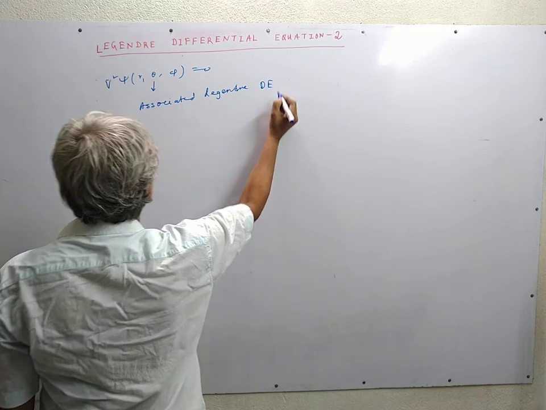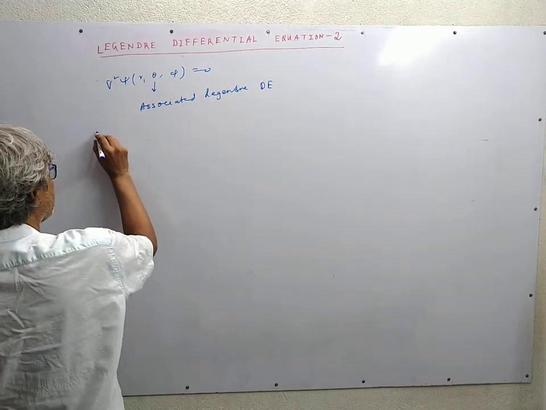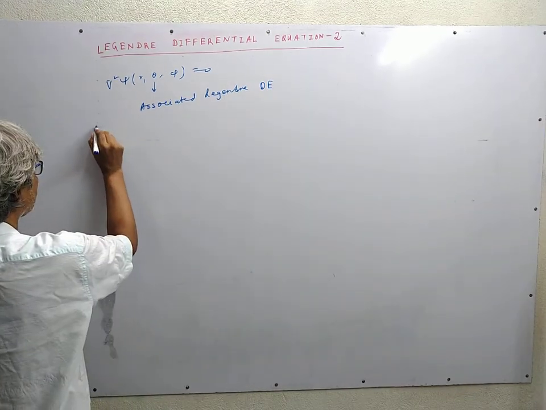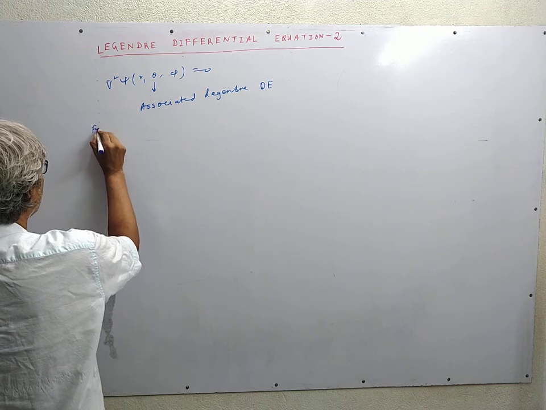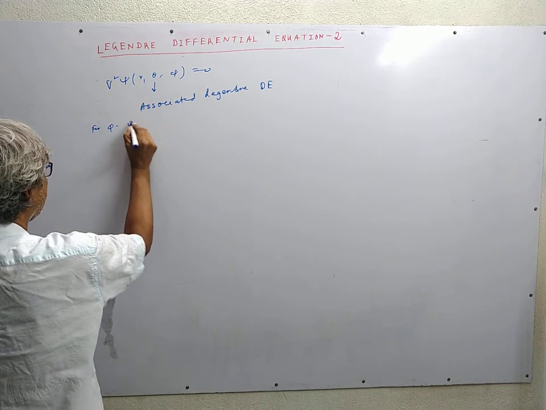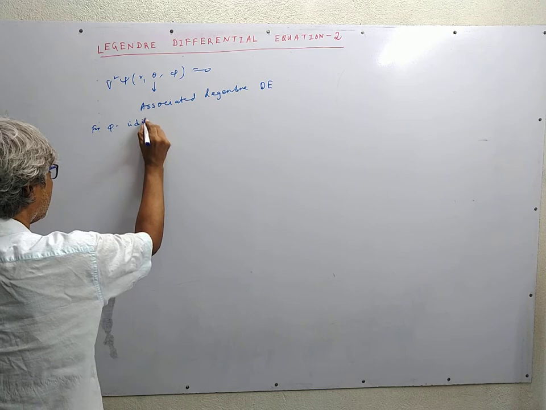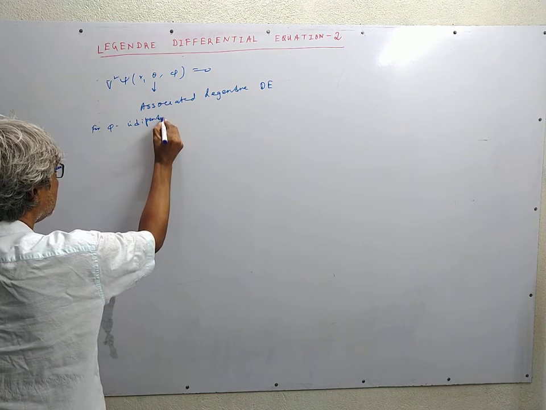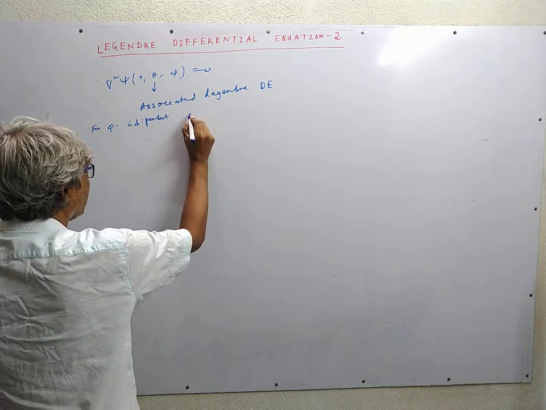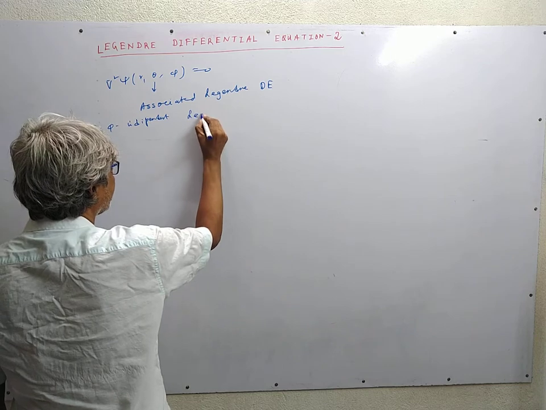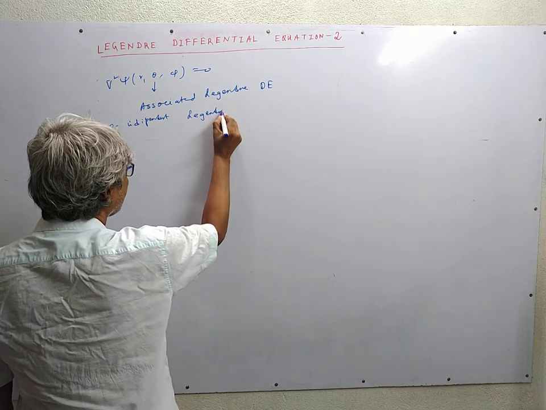For the spherically symmetric, azimuthally symmetric situation, that is for the phi independent case, one encounters the Legendre differential equation.